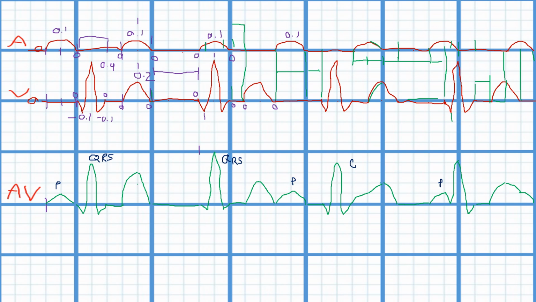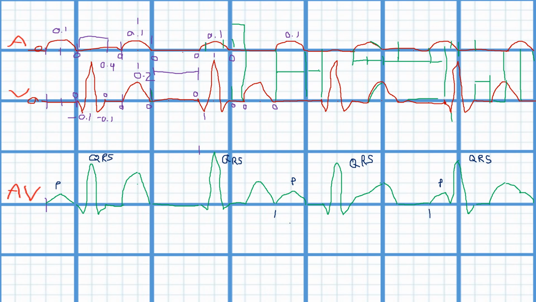Well, in a sense, you're not. They're there, you just can't see them, and it's because they're buried. So what has to happen is you have to kind of work backwards. Let's go over here and start from the beginning of the P waves.